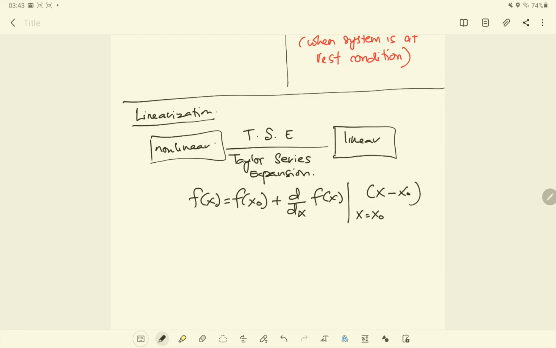Then you have to find the values of x naught and f(x naught).